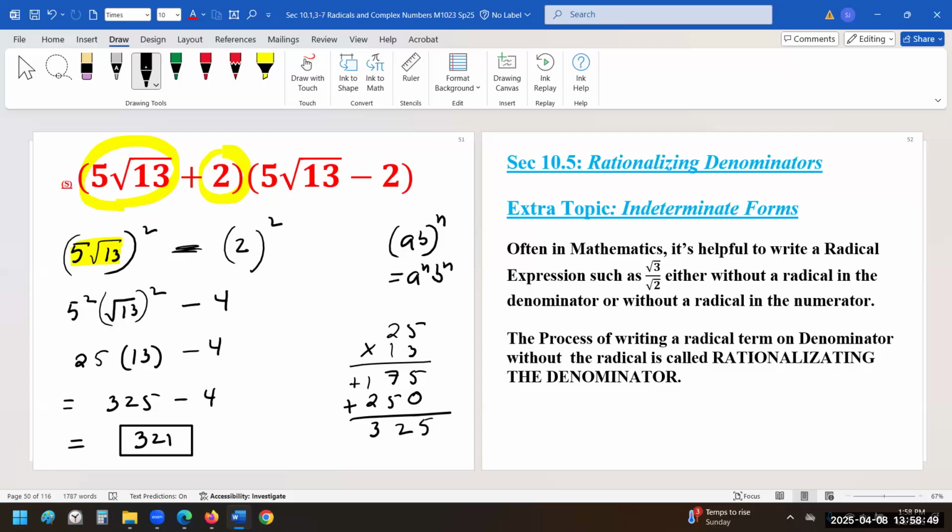Rationalizing means get rid of the thing you don't like. For example, if we have 1 over square root of 2, and you're trying to rationalize the denominator, it means do something so that the radical will not be on the denominator anymore. It will come on the numerator.